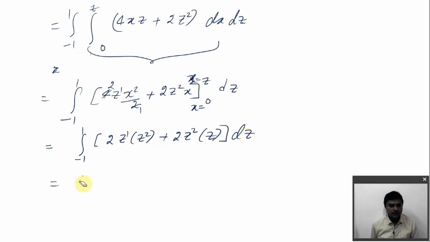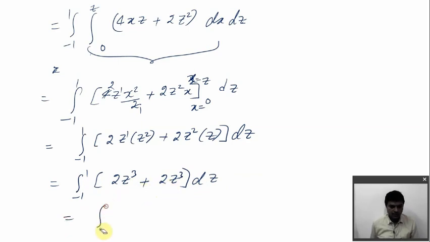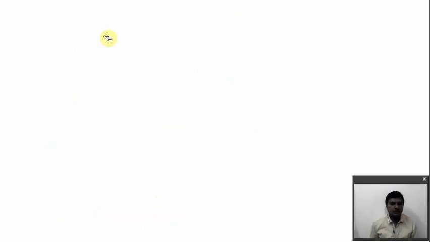So this is equal to integration -1 to 1. This will give you 2z cube plus 2z cube students. So this is dz. Okay, now 2z cube plus 2z cube will give you 4z cube dz. Is it clear students? So therefore 4 is constant, so take it outside. 4 integration of z cube. Yes students, you will get z raised to 4 divided by 4 in the interval -1 to 1.